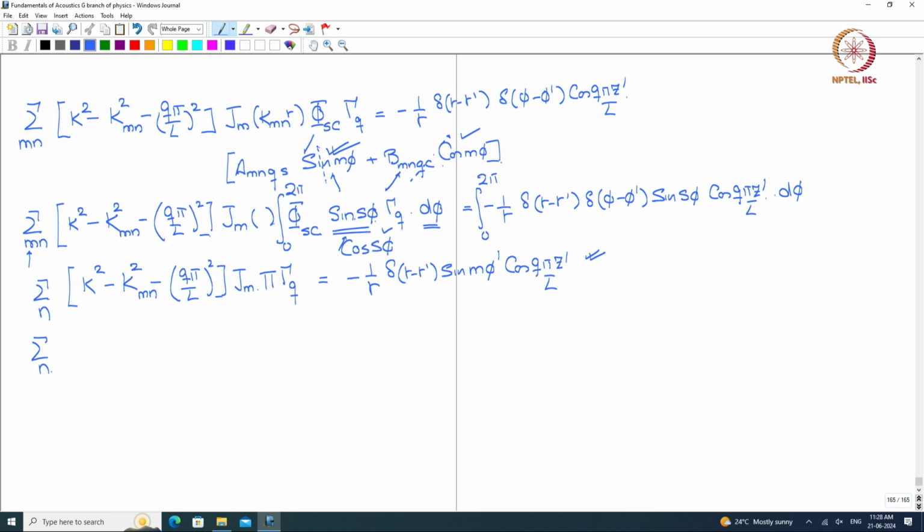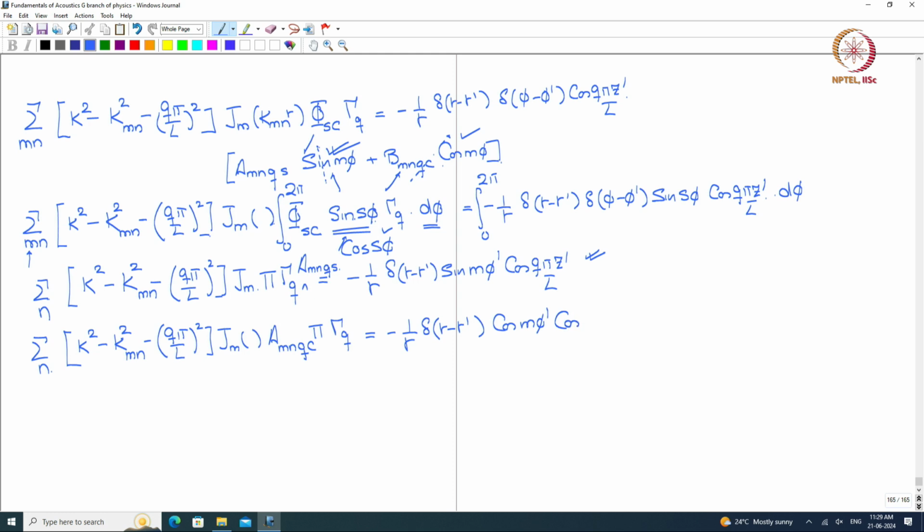One thing that is left is here we will have a mnq s, and here we'll have k square minus k square mn minus q pi by L whole squared, the Jm with its argument, a mnq cosine pi gamma q, and on this side I have minus 1 over r delta r minus r dash cos m phi dash cos q pi z dash by L. Okay, so we've taken care of sine and cosine.